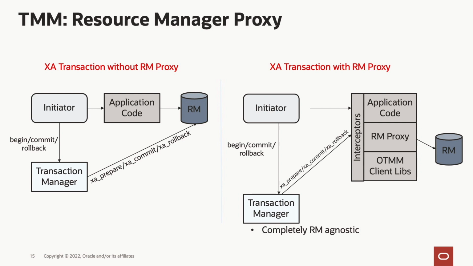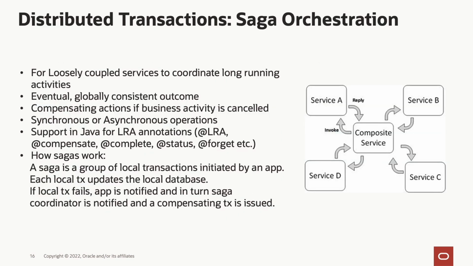And so the resource manager can be accessed by the transaction manager without having all of these requirements to know about the transaction manager's specifics. So this gives us a way to essentially support any resource manager given a library on the application participant side. So Sagas are another form of distributed transactions.